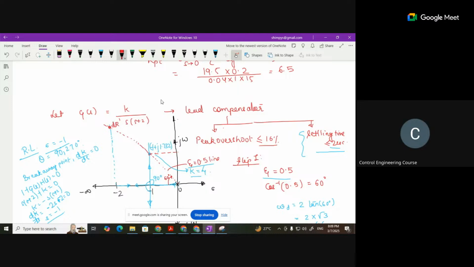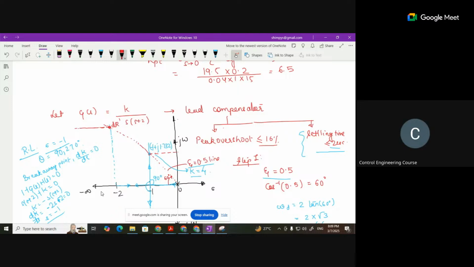So what we do, we again draw a line parallel to our real axis, because till now we haven't plotted our compensator zero and compensator pole. Where will we be placing our compensator zero and pole?